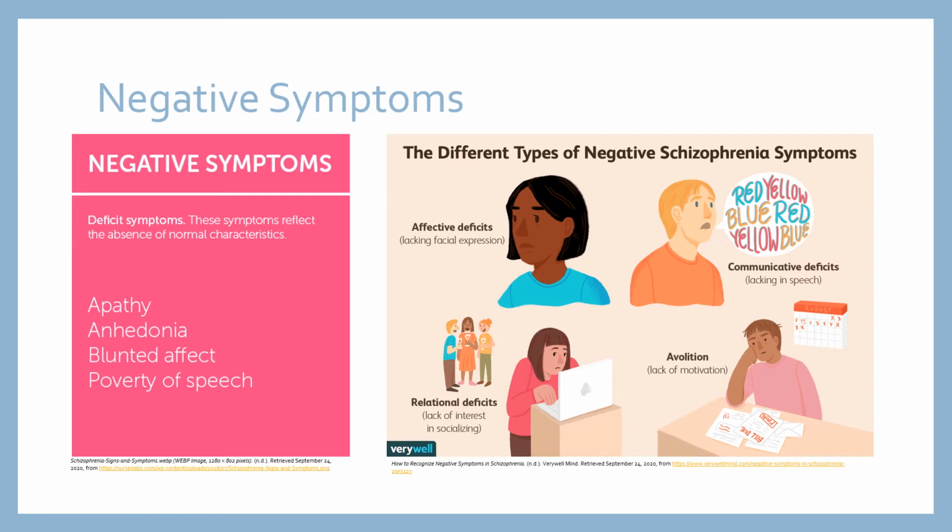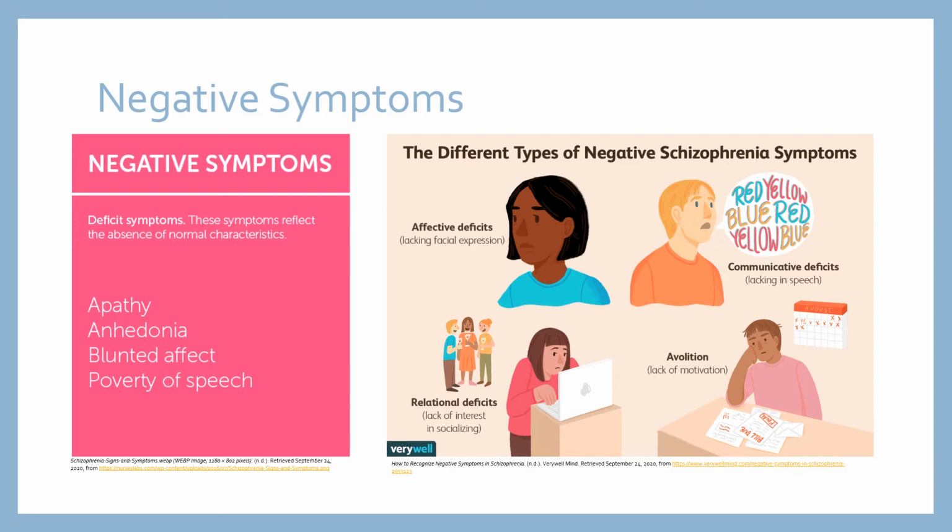This refers to the patient having minimal facial expression, and anhedonia, which is a lack of interest in any activities, blunted affect, which is the diminished affect we talked about, and poverty of speech or alogia that was mentioned earlier. They are lacking in the amount of speech when communicating with someone else.